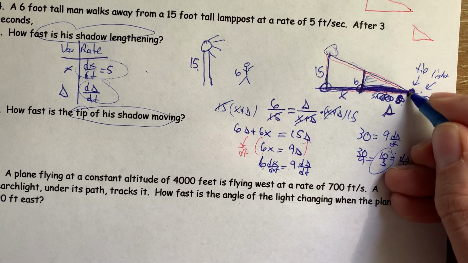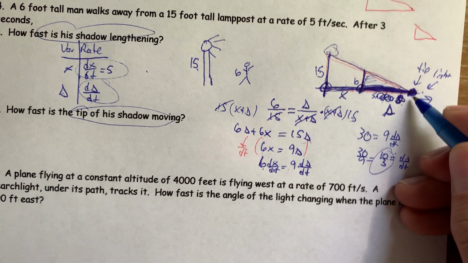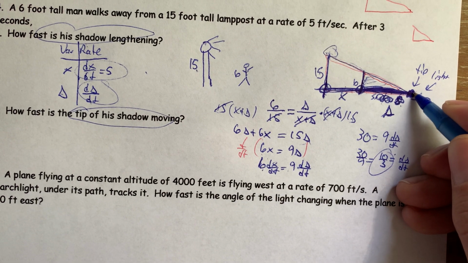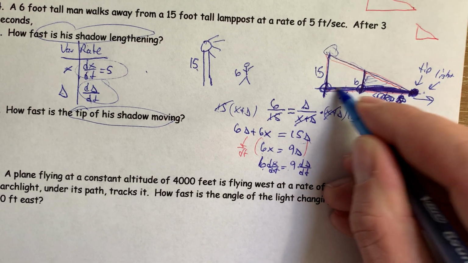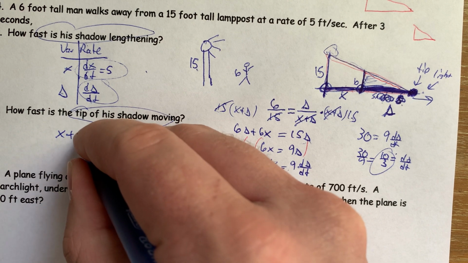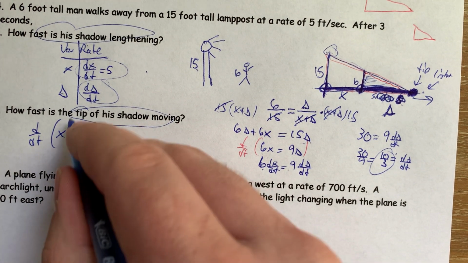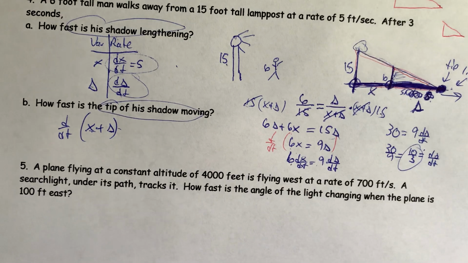So what could I use to represent where his shadow is? Well, where his shadow is is x plus s. So we want the derivative with respect to time of x plus s. This is where his shadow is, and we want to know how that is changing.